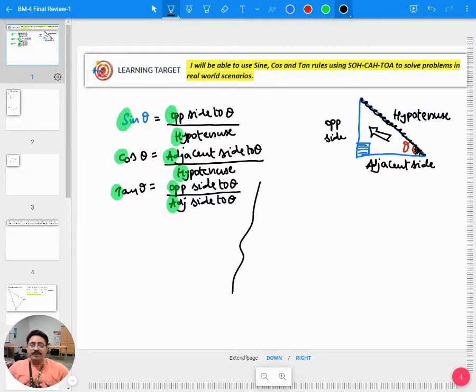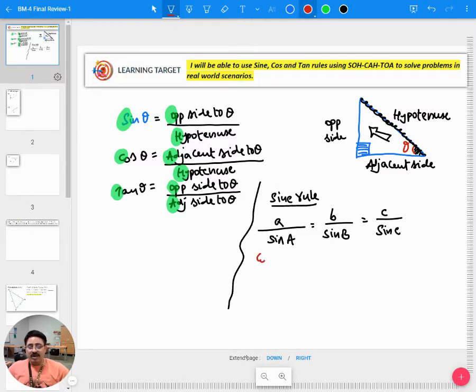And also the law of sines and law of cosines. The sine rule is a over sine A equals b over sine B equals c over sine C. Next, coming to cos or cosine, these two are one and the same.